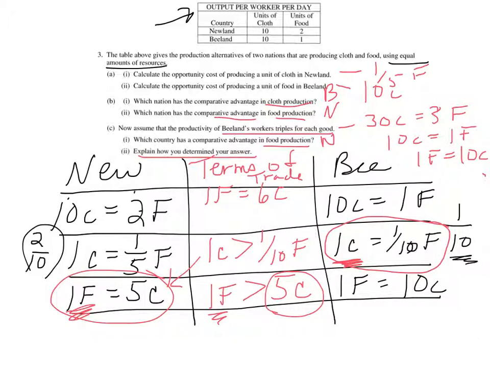Let's figure out how Beeland's going to feel. 1 unit of cloth could be traded for 1/6 unit of food. Well, 1/6 is larger than 1/10. So actually, this would be acceptable terms of trade. I know the problem doesn't ask for it, but it seems we need some practice on it. And that's where we'll close.